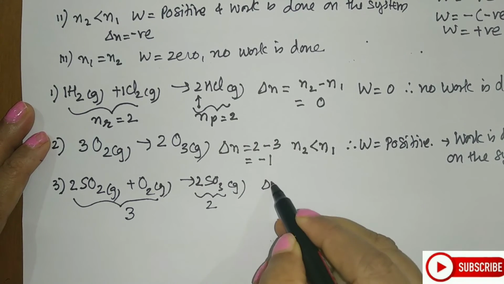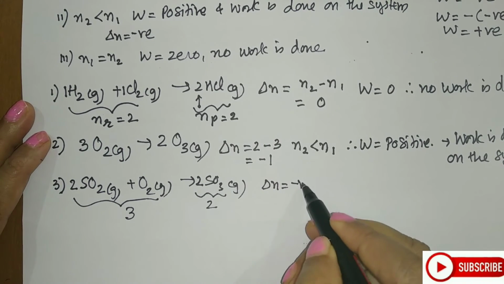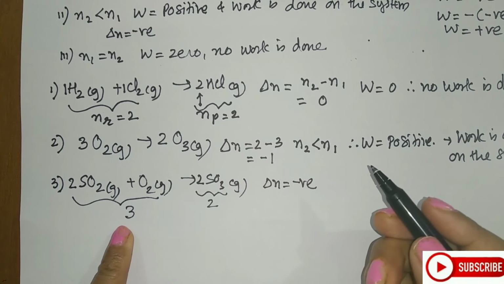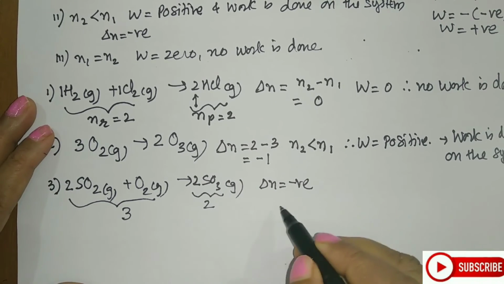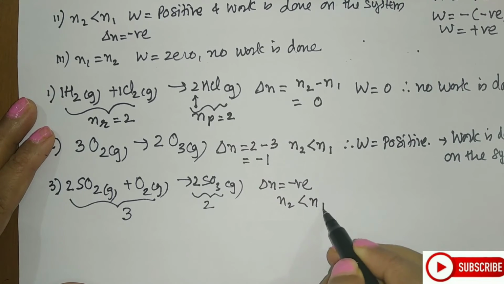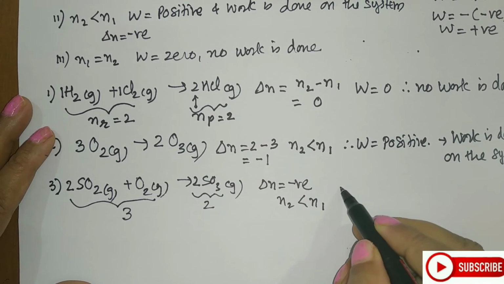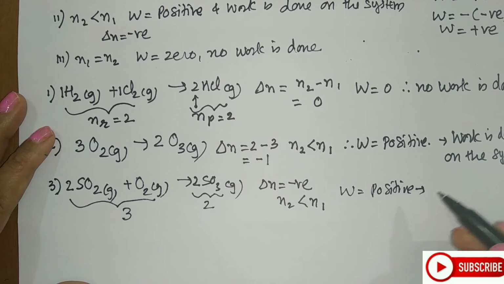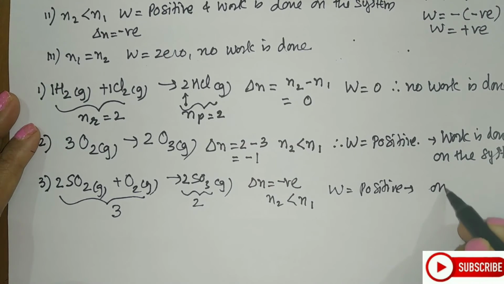So delta N will again be negative because it will be 2 minus 3, and therefore N2 will be less than N1. So here again W will be positive and the work is done on the system.